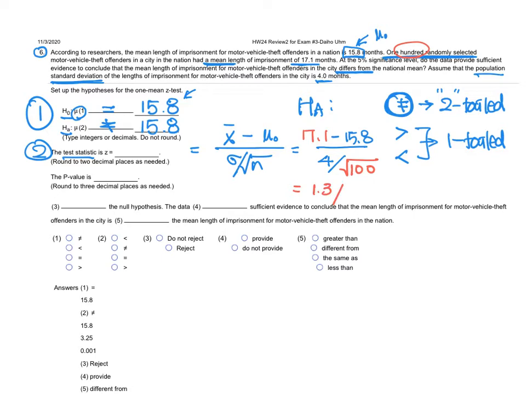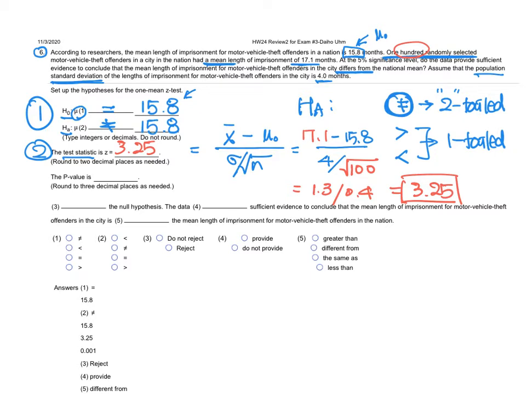The denominator is 4 over square root of 100, which is 0.4. Then take the ratio 1.3 over 0.4, which is 3.25. As always, we need 2 decimals for the z-score, so the test statistic is 3.25.